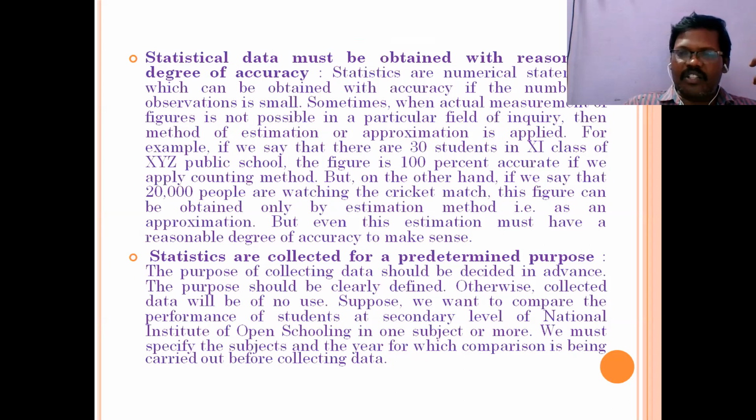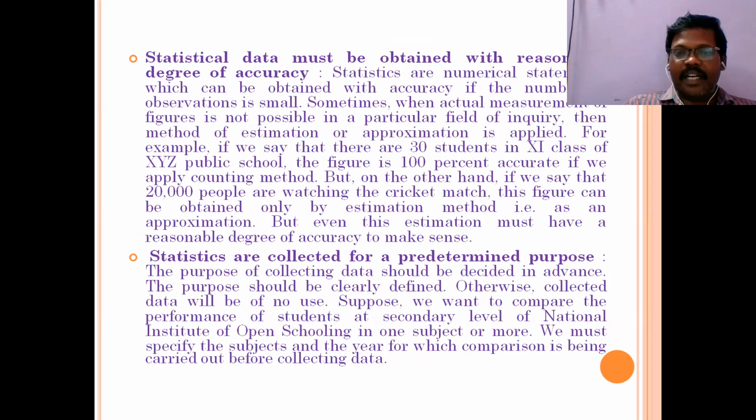When there is a large survey, we cannot take the survey from all the people, so we can take a sample. That is where approximation is applied. For example, if we say that there are 30 students in the 11th class of a particular school, the figure is 100% accurate if we apply the counting method.